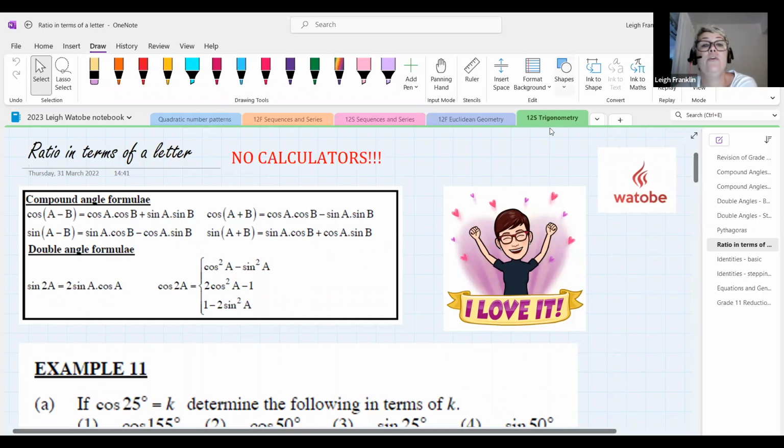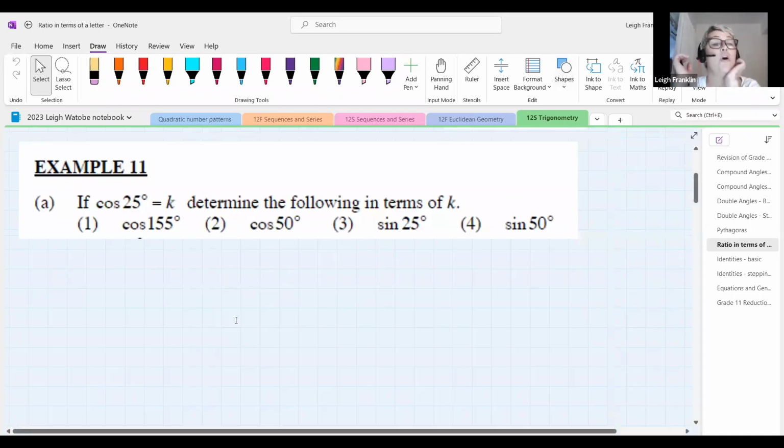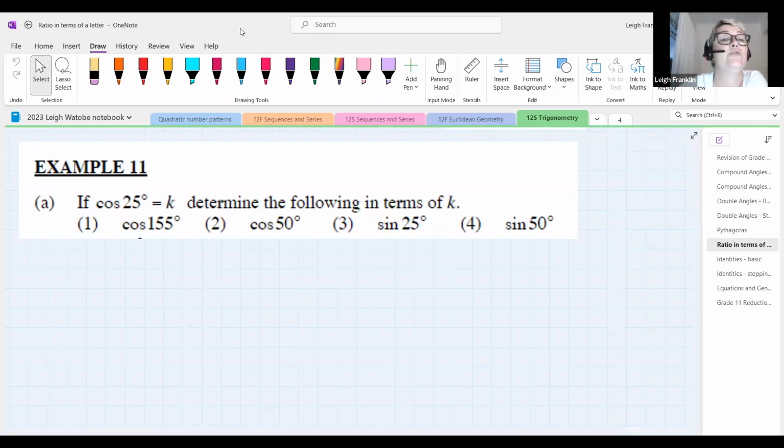Okay, let's have a look at the first one. So here the example is the cos of 25 is equal to k. So when you are doing ratio in terms of a letter, the angle that you are going to be working in terms of is always going to be an acute angle. So because it is an acute angle, you're always going to be working in the first quadrant.